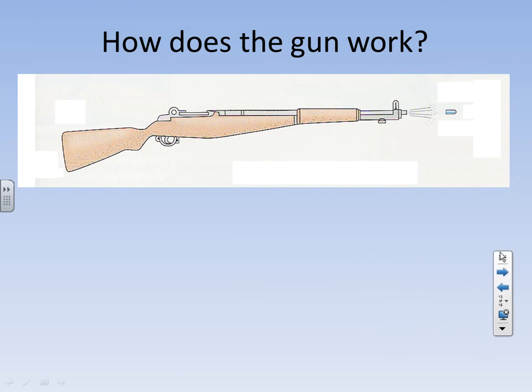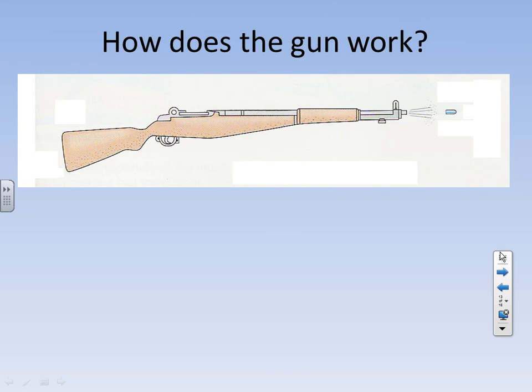Anybody ever fire a gun before? One of the things we have to worry about when you fire a gun, especially a shotgun, is recoil, right? If you've never fired a gun before, one of the things they really tell you is that when you shoot a gun, especially a rifle with a long barrel, you're supposed to put it in tight on your shoulder.